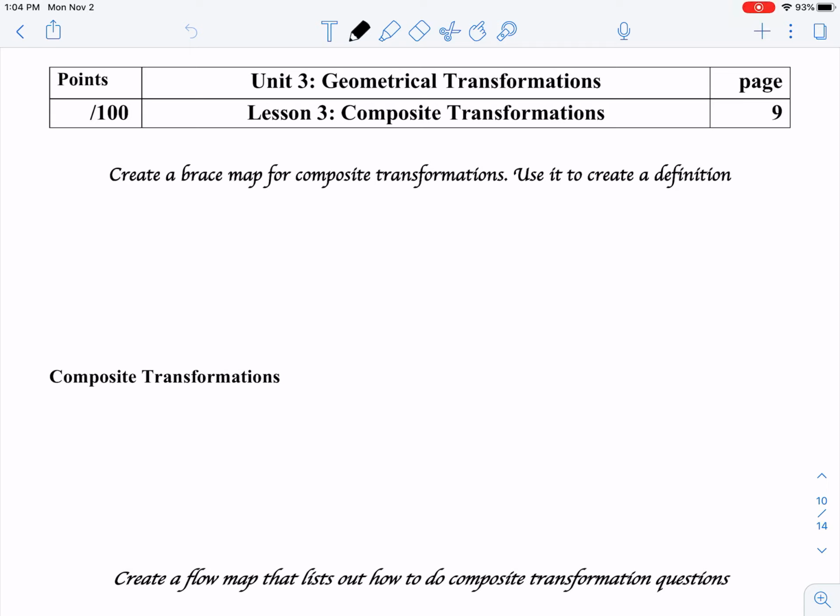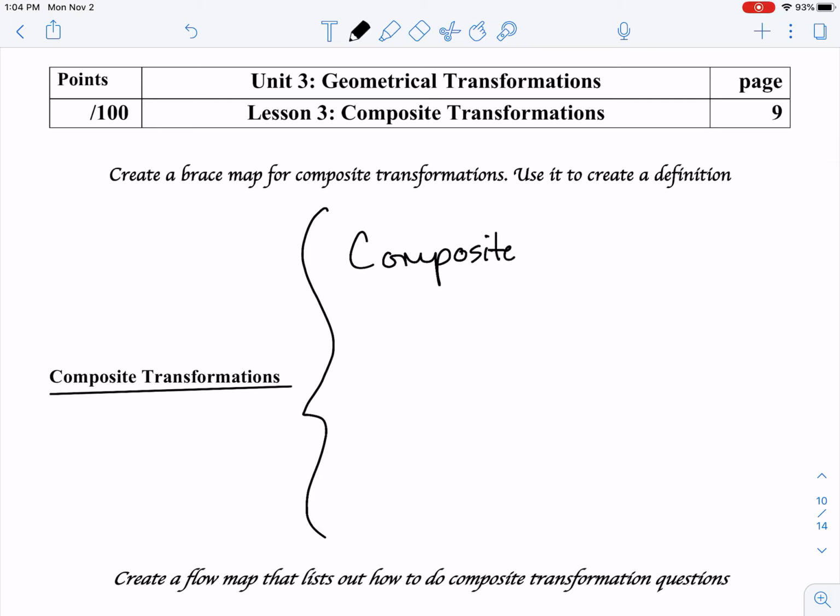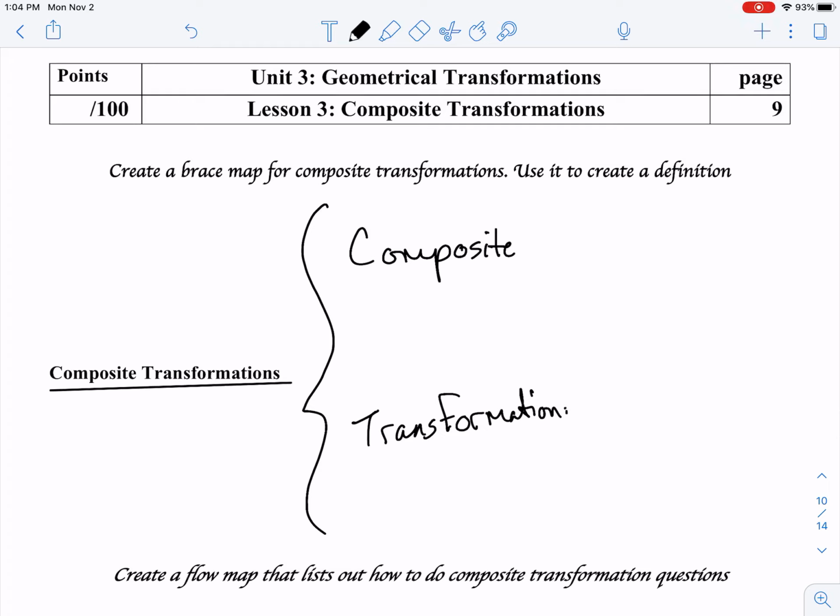Today we are going to start looking at composite transformations. So what exactly is a composite transformation? Well, we have the word composite and transformation. Now we already know transformation means a change in size or location.